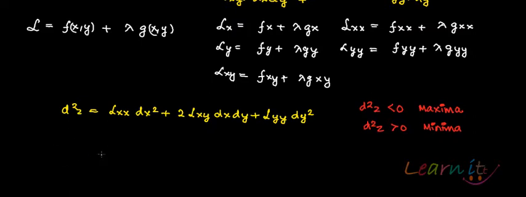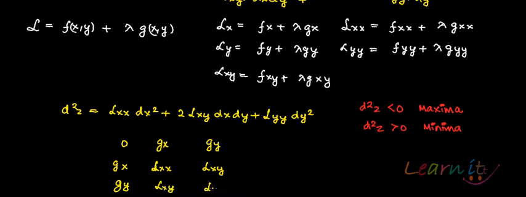So the bordered Hessian will look like 0, gx, gy; gx, Lxx, Lxy; gy, Lxy, Lyy. We've already talked about this in one of our earlier recordings.